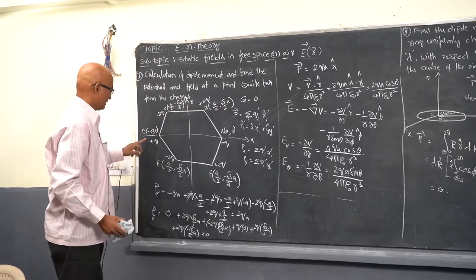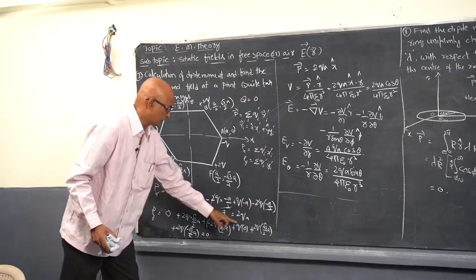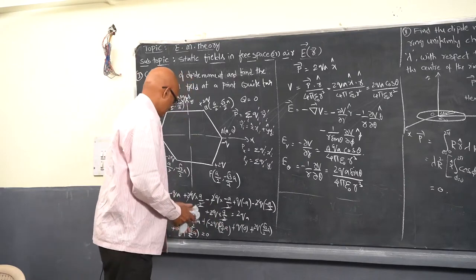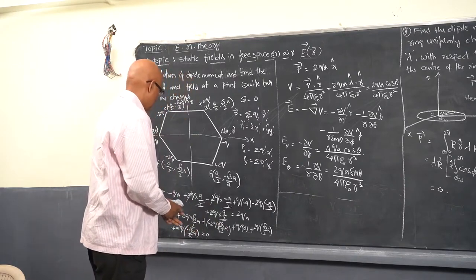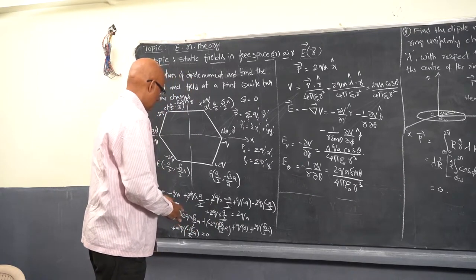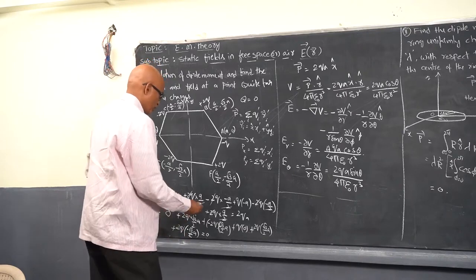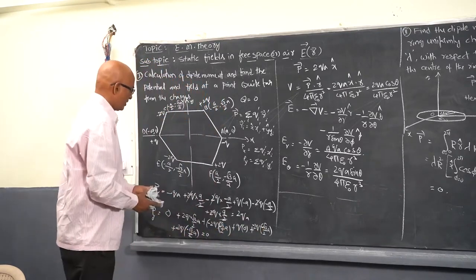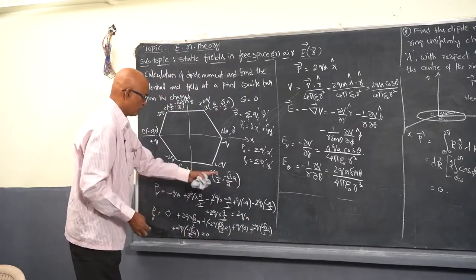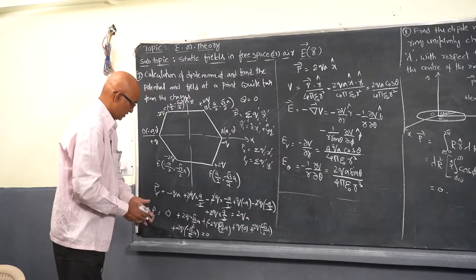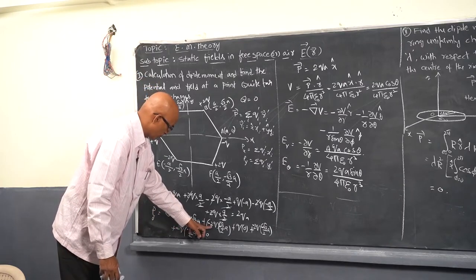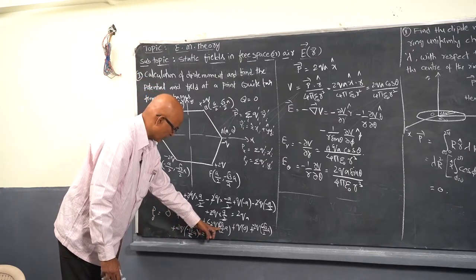Okay, then plus Q into 0, then minus 2Q into minus root 3 by 2a, minus 2Q into minus root 3 by 2a, then plus 2Q into minus root 3 by 2a. Okay, so plus 2Q into root 3 by 2a minus 2Q into minus root 3 by 2a, right?